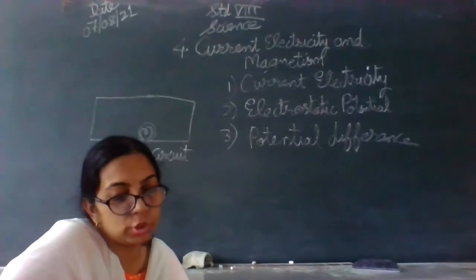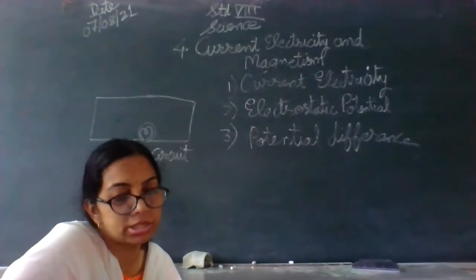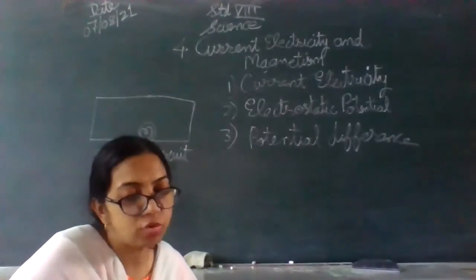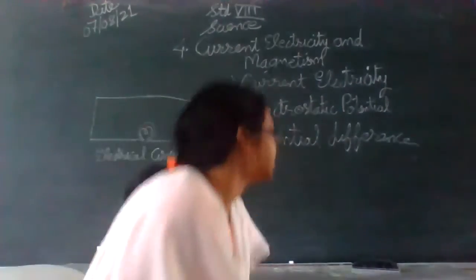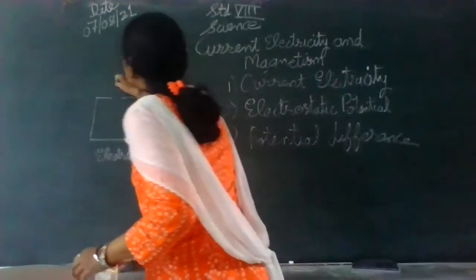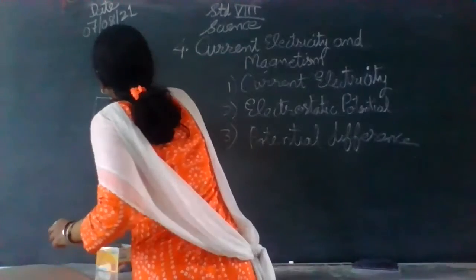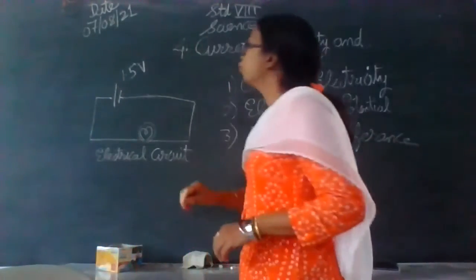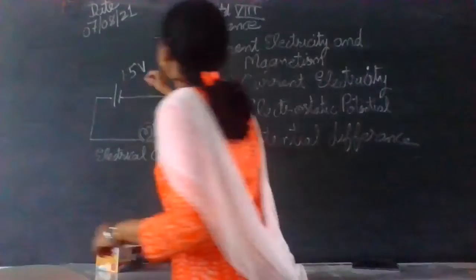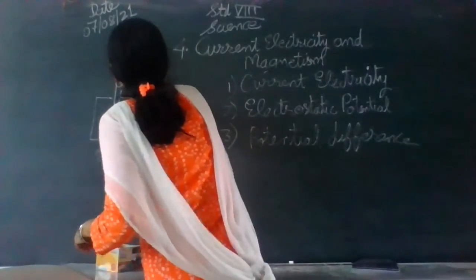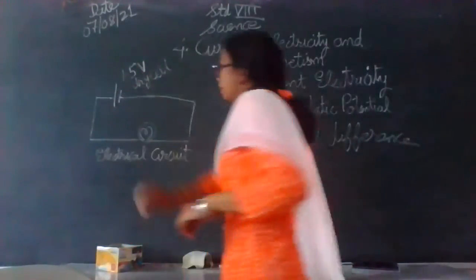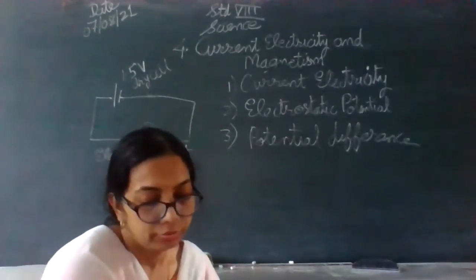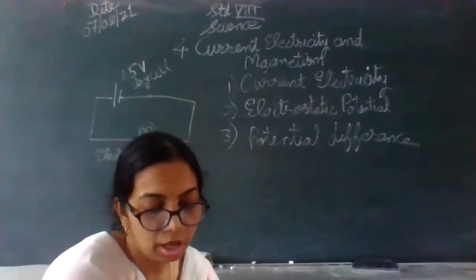Now, what we have to do is connect in the same circuit some 1.5 volt dry cell in between. If we connect here a 1.5 volt dry cell, in that case, what will happen? We can get it in the market, okay?